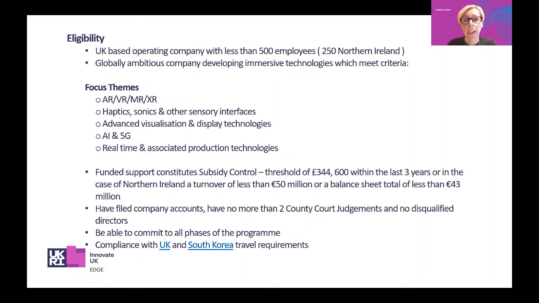We really are looking for the very best companies. So you have to be globally ambitious. Obviously, you have to be in scope, and that means that you're in the immersive technologies area. And matters obviously address some of the themes, and for those of you that have seen the promotional flyer, they're all detailed in that as well.